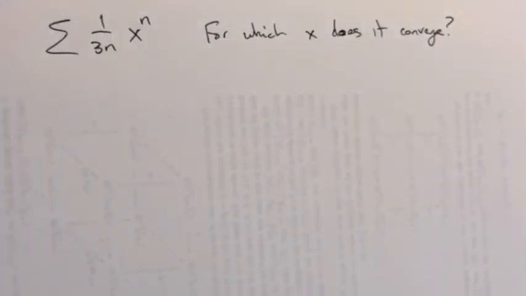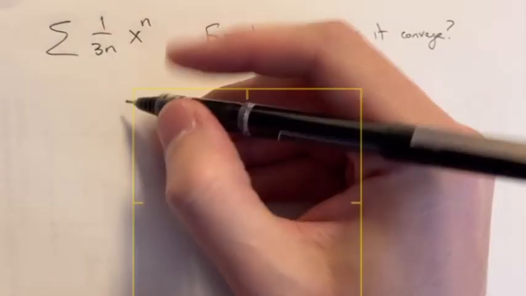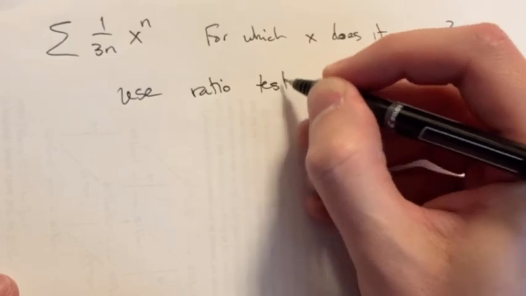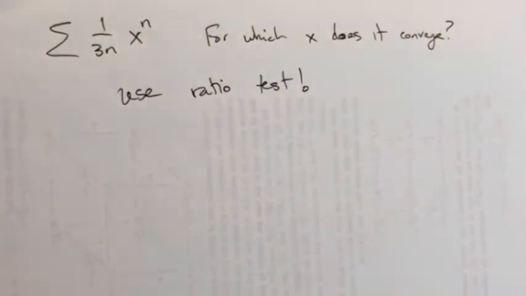And we are going to use all the same old convergence tricks that we've been learning the past few weeks. In fact, for this one, it turns out that the ratio test is appropriate. So we're going to use the ratio test. Thinking of the entire thing inside the parentheses as a_n.